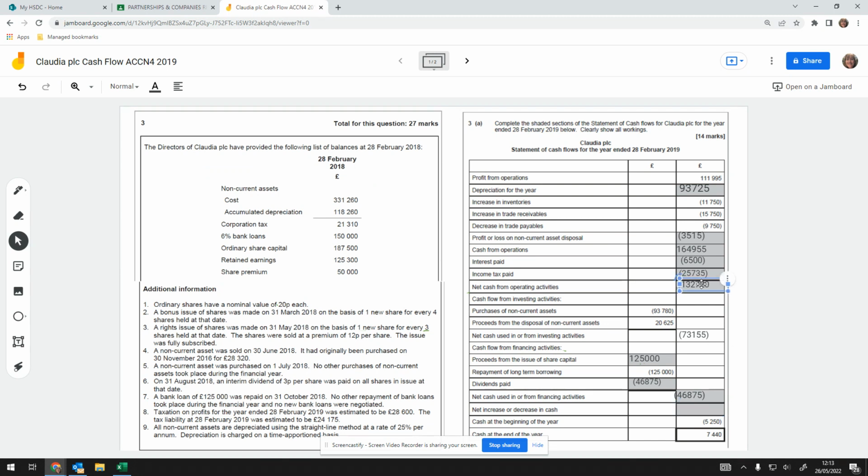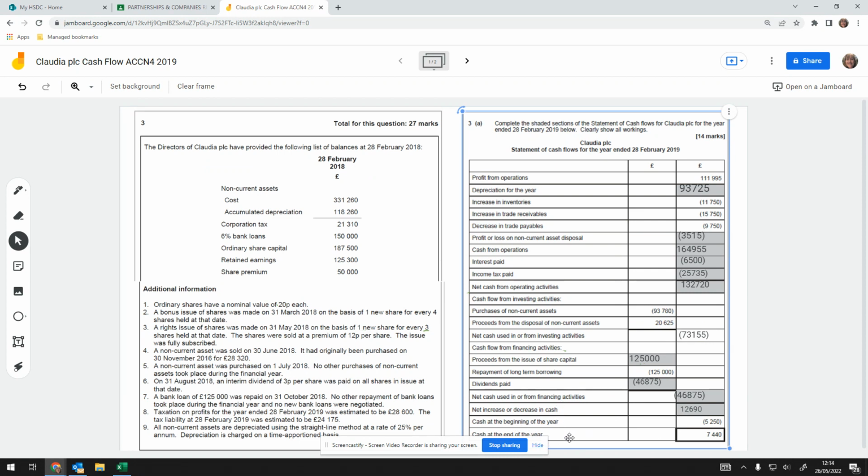Okay, then we get to the clever bit down the bottom. We're going to add up these three. So we're going to take the cash from operating activities, the cash used in investing activities, and the cash used in financing activities, net them all off against each other. So add and subtract as necessary to find the overall increase or decrease in cash. Now, overall, during the year, Claudia PLC has managed to increase their cash by 12,690.